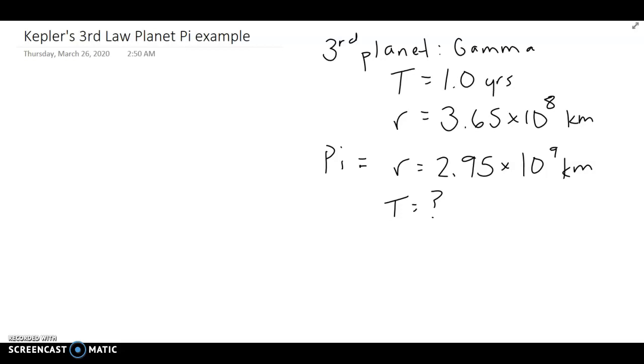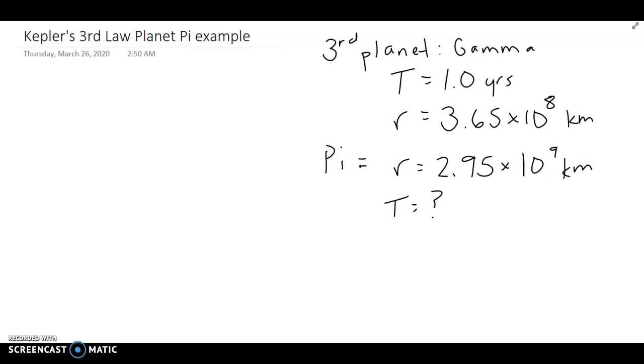So the whole point of this activity was to use Kepler's third law. Kepler's third law is the ratio of the squares of the periods dealing with the cubes of the distances. So we want to find Pi's period.